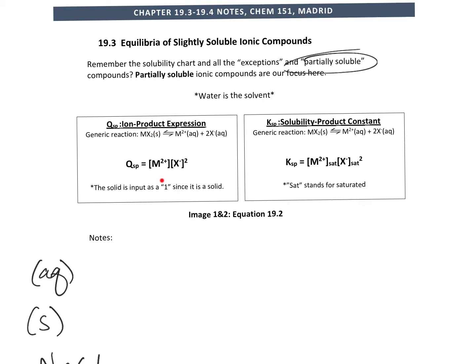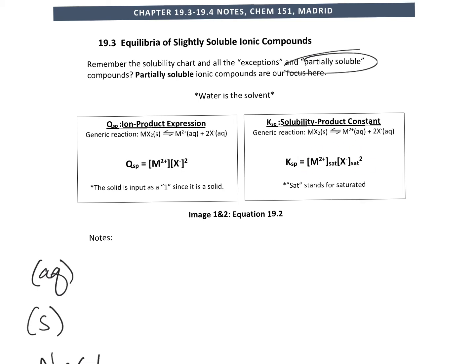Therefore, I'm going to put 1 on the denominator, and that's what I have written down here at the bottom. So again, the ion product expression is just equal to the concentration of the ions, and make sure to apply the coefficients as exponents where necessary. The Ksp, solubility product constant, is the same basic setup as the Qsp, except these are at saturation.